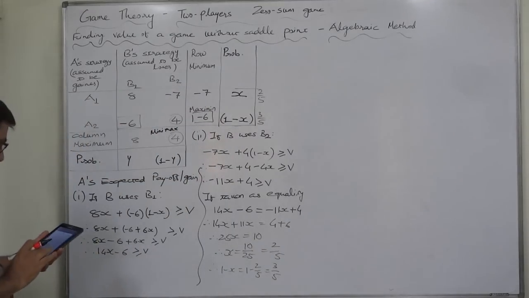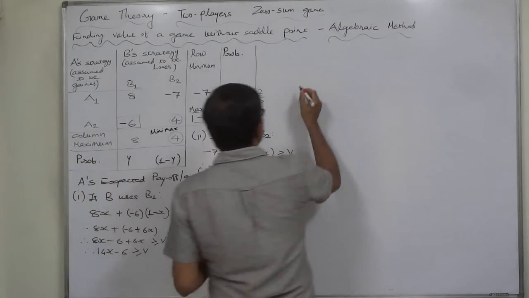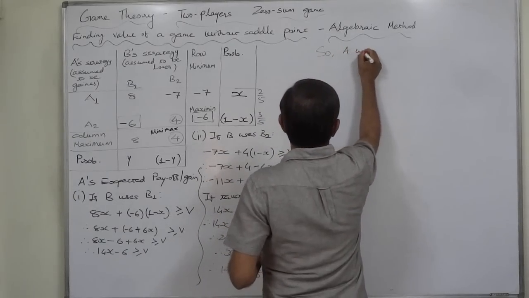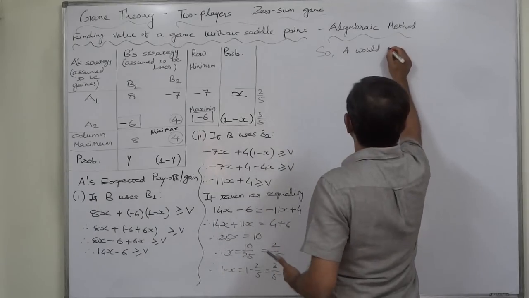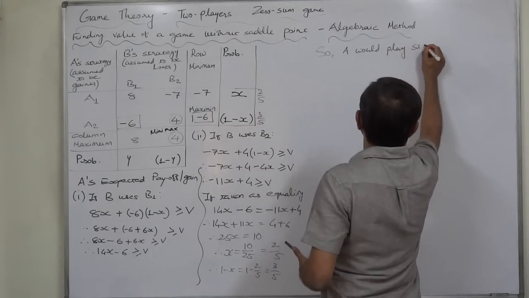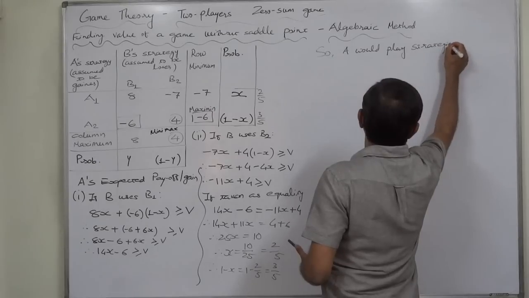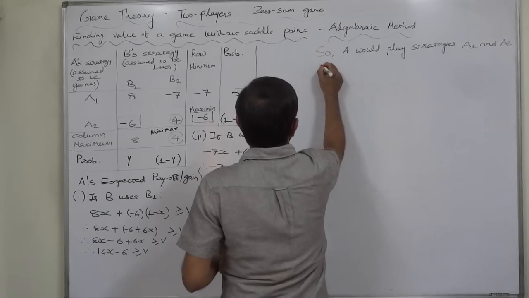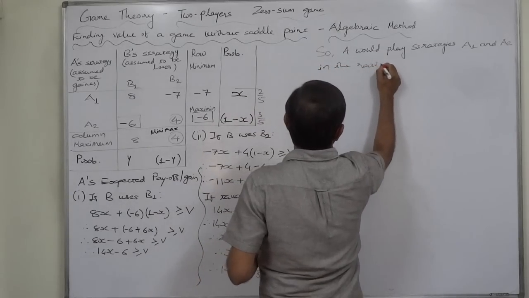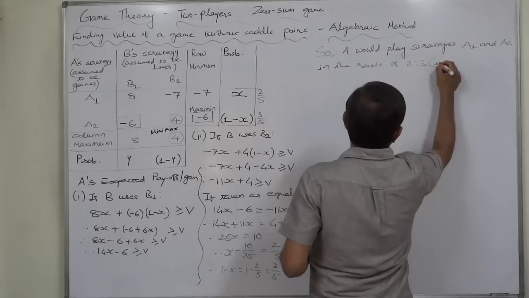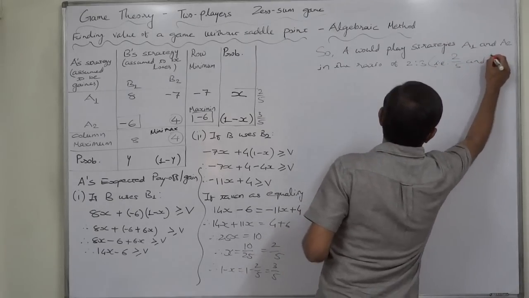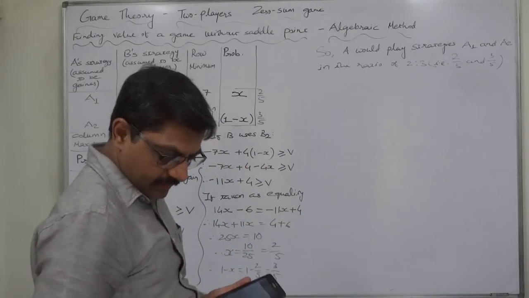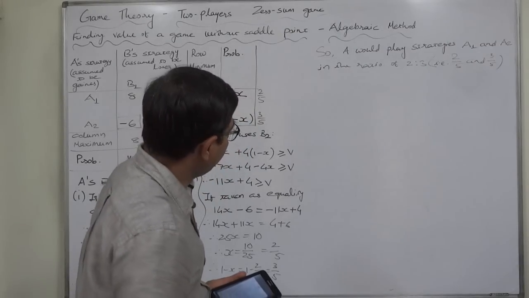Now, what is the interpretation of all these things? The meaning is, A would play strategies A1 and A2 in the ratio of 2:3, that is 2 by 5 and 3 by 5, in a random manner.